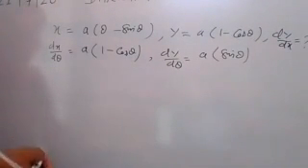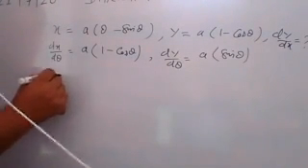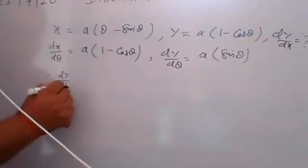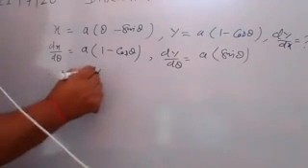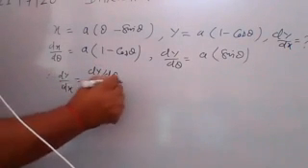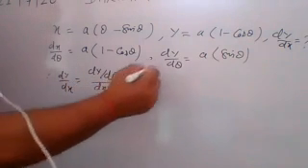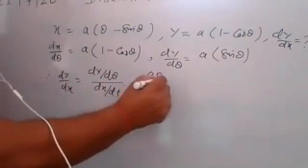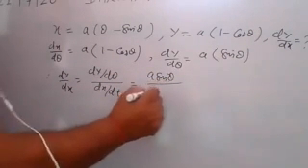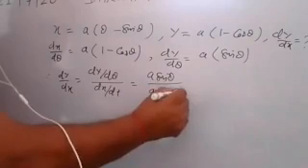Now find the value of dy by dx. The value of dy by dx is dy by d theta upon dx by d theta. And if you put its value, it is a sine theta upon a into 1 minus cos theta.